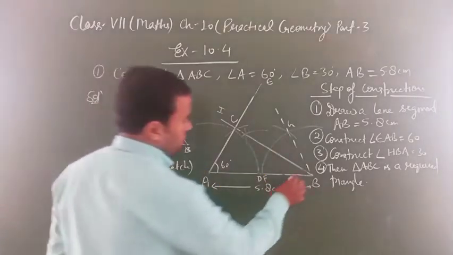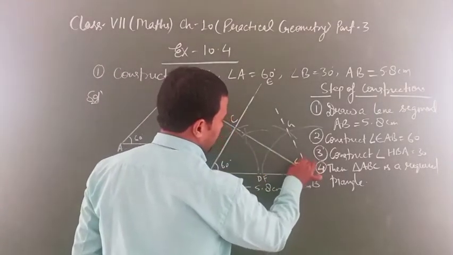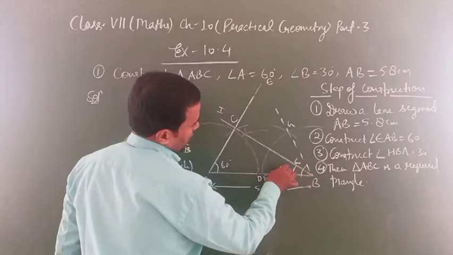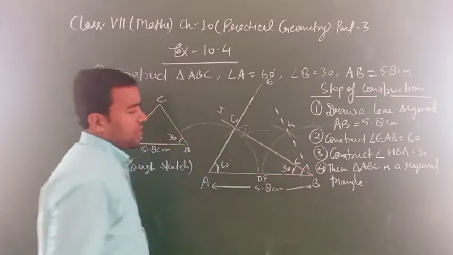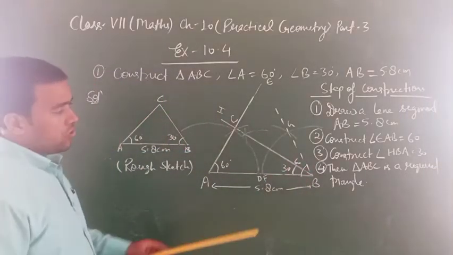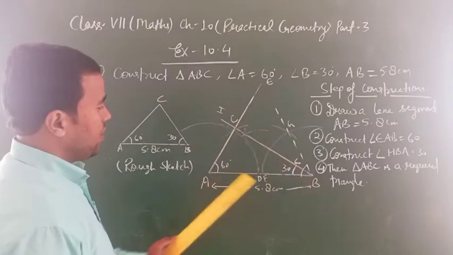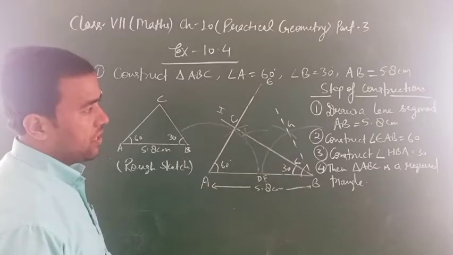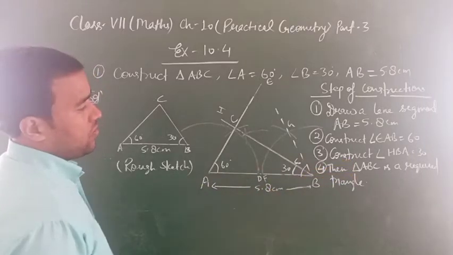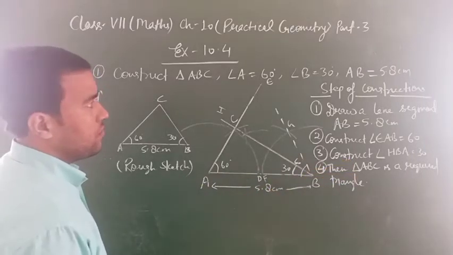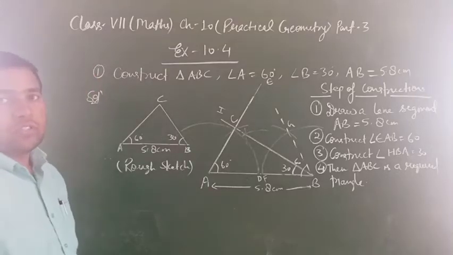First we have made 60 degrees. After that, when we have done half, then we are getting a 30-degree angle. Clear? So angle HBA equal to 30 degrees. Clear? Then the required triangle ABC is the required triangle. Clear? Note down this.